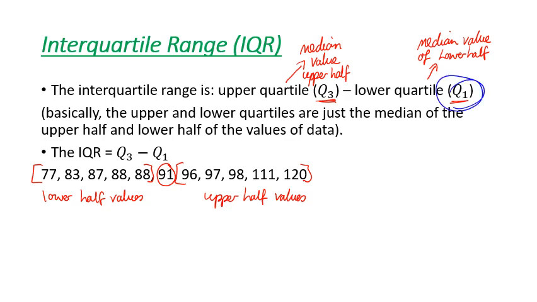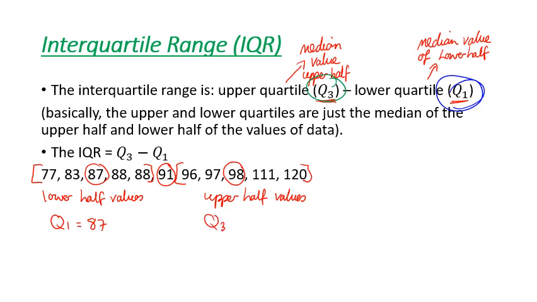Now remember that Q1 is essentially the middle value of our lower half, or the median of our lower half. In this particular case, Q1 would be 87. So Q1 is equal to 87 because it's the median value of our lower half of stats. Remember that Q3 is our upper half, so this would be 98.